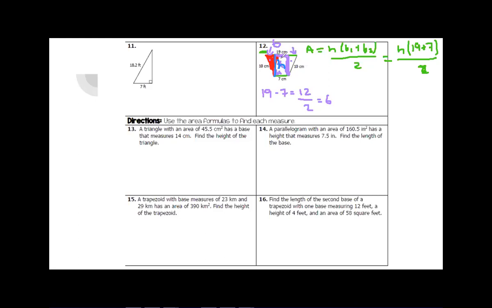So the way that we did that was we took this entire base, which is 19, and I just drew two lines going from this vertex where the 7 is to the 19. So we know that we can take away 7 from this whole length of 19, and that leaves us with these two arrows. And again, the reason that we divided this 12 by 2 was because we only want one arrow, and both of these legs are going to be the same length.